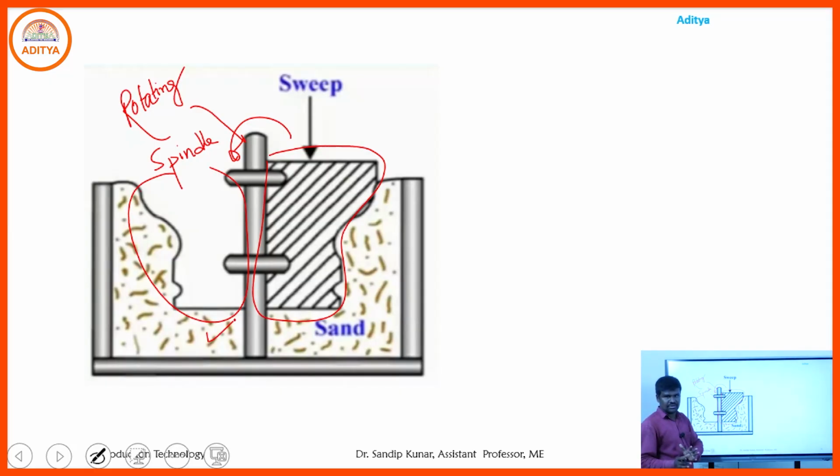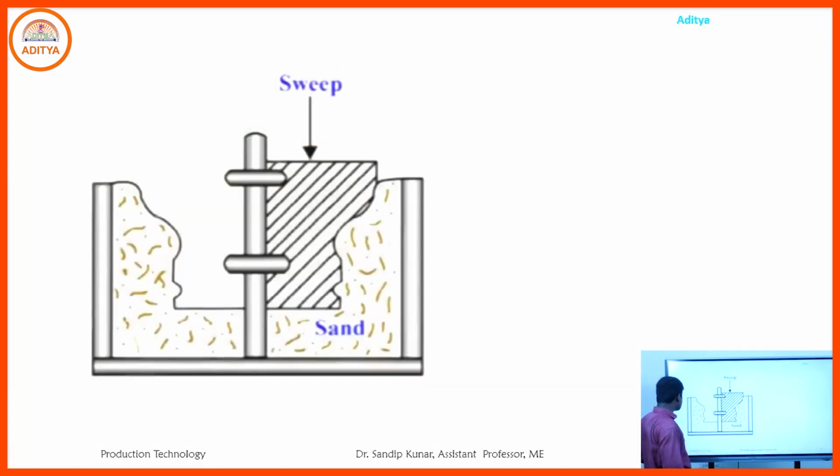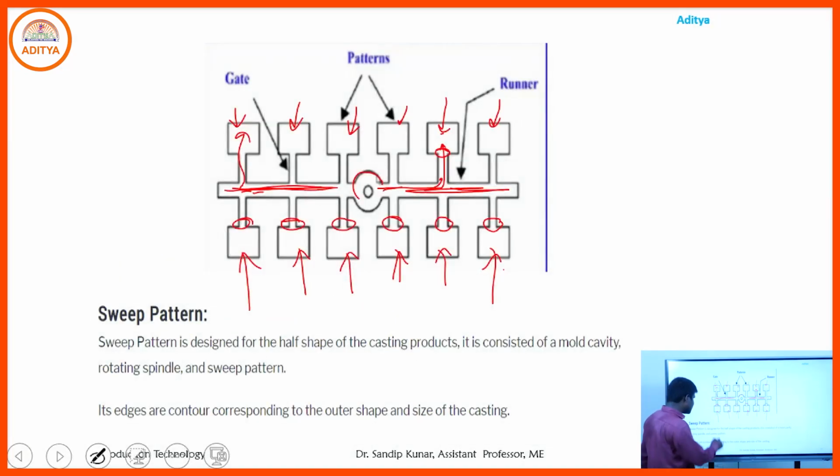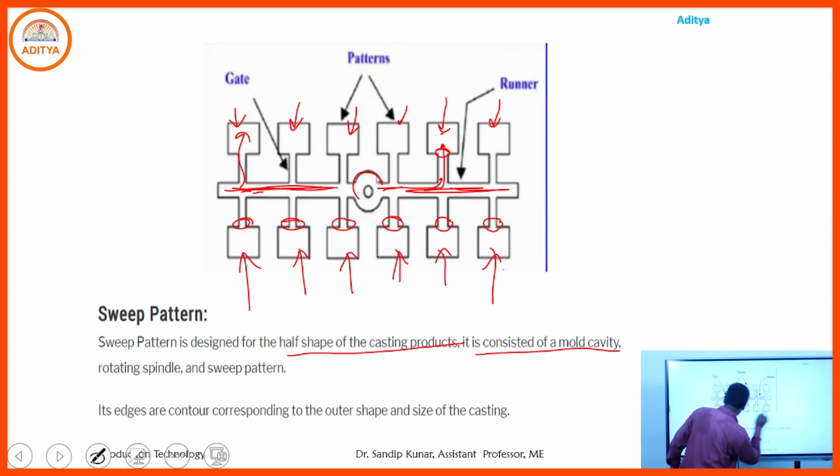Each takes time, okay, but the total production cost is less in that casting process using sweep pattern. Means what happens, the half section of the casting product consists of mold cavity and rotating spindle and sweep pattern.